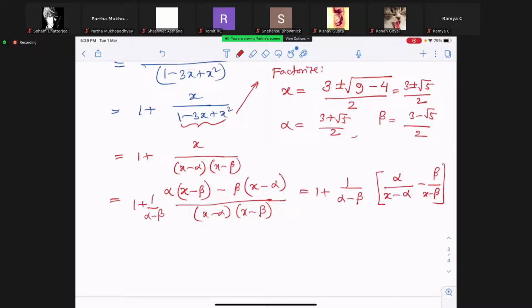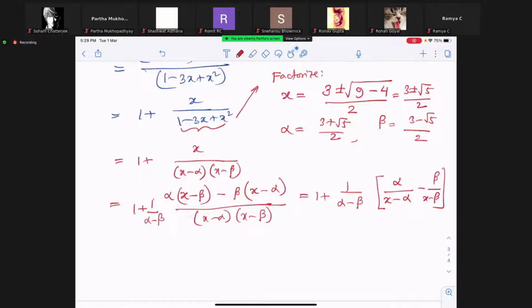This is right? And what is alpha minus beta? Alpha minus beta will be just root 5, right? 3 by 2 will get cancelled and root 5. So this is just root 5. So this is 1 plus root 5.